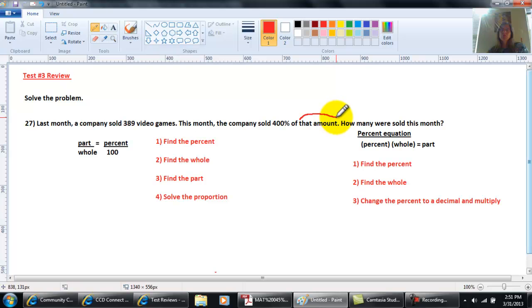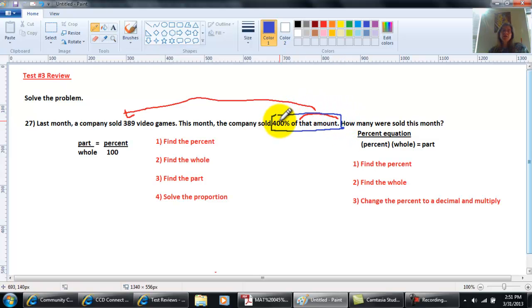This thing is this number, 389. Now, if you didn't know the percent equation that I'm going to show you, this percent proportion, and you were just reading this, the math is really right here in the language. It's telling you 400% of that amount.